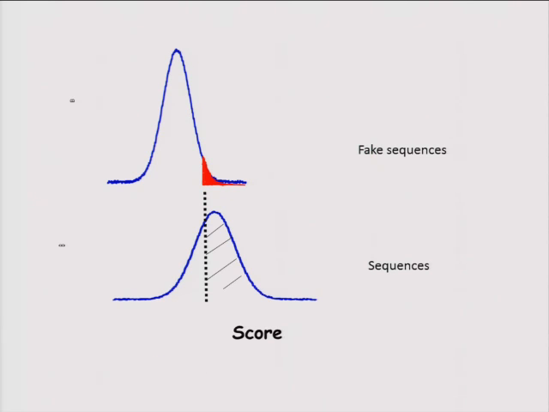This can also be envisioned as the ratio between this red area and dashed area when you look at the distributions of scores when you search the fake sequences and the real sequences, respectively.